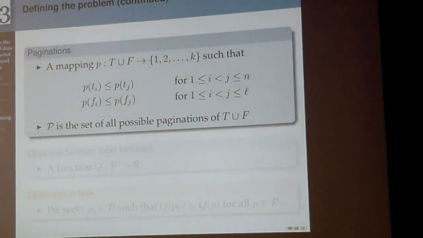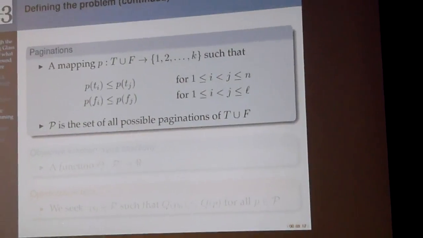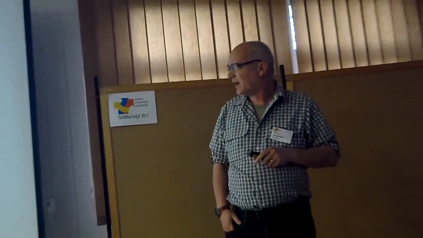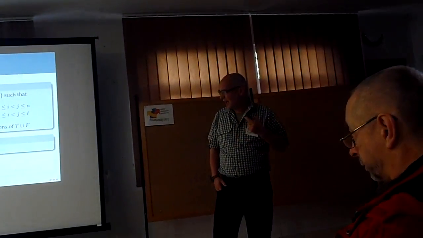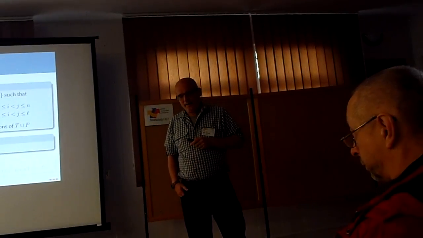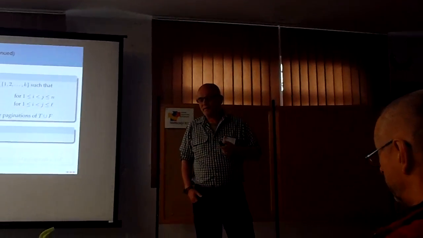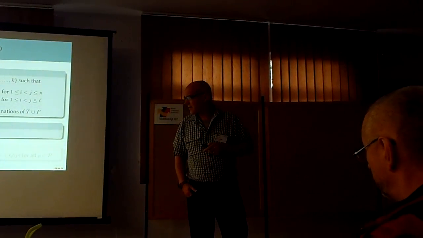Now, if we want to find an optimal solution of these kinds of problems, we have to define what we mean by optimal. And we do this by deciding on a cost function, or an objective function, as it is called.